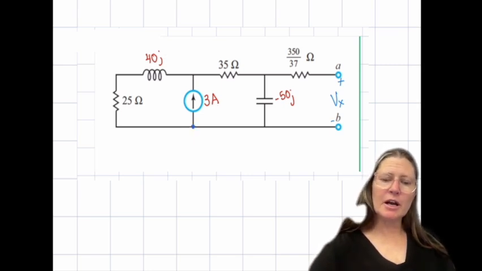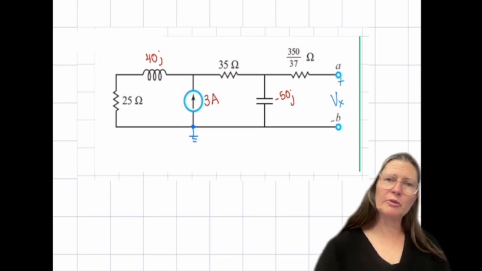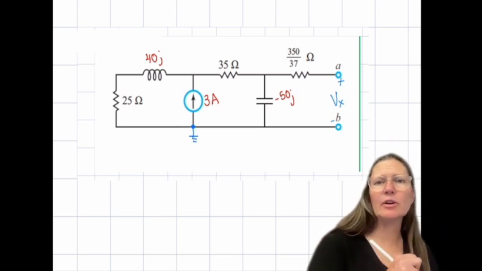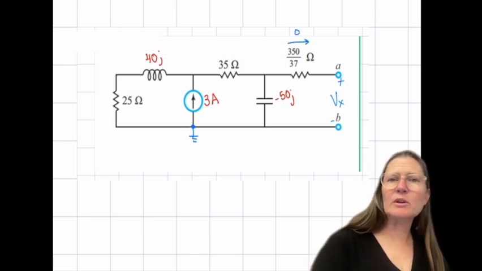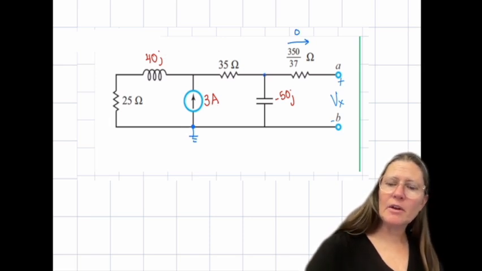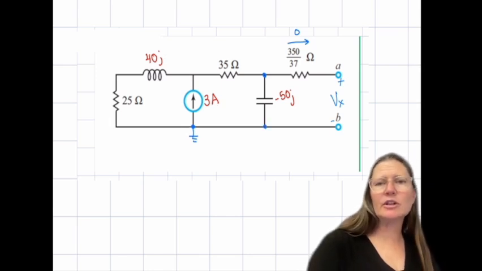From here, I would most likely solve this with grounding this node. Noticing that this is open, so this would be 0 current here. So whatever voltage I get across the capacitor here is going to be Vx.